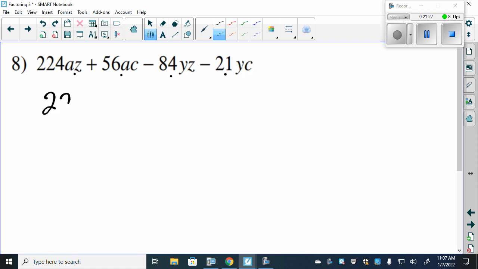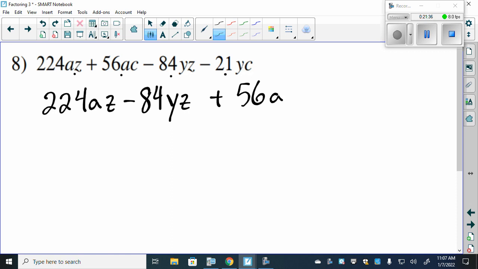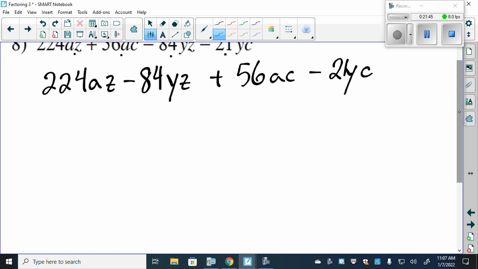Okay, so we can say 224AZ minus 84YZ plus 56AC minus 21YC. Now looking at these first two here, they do have a common factor of Z. Now what's the greatest common factor between 224 and 84?